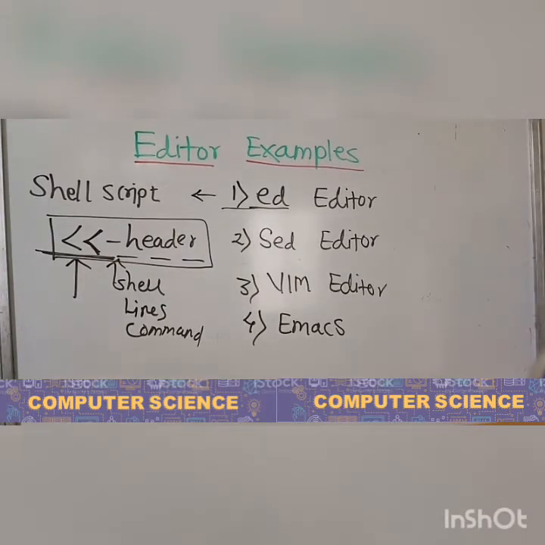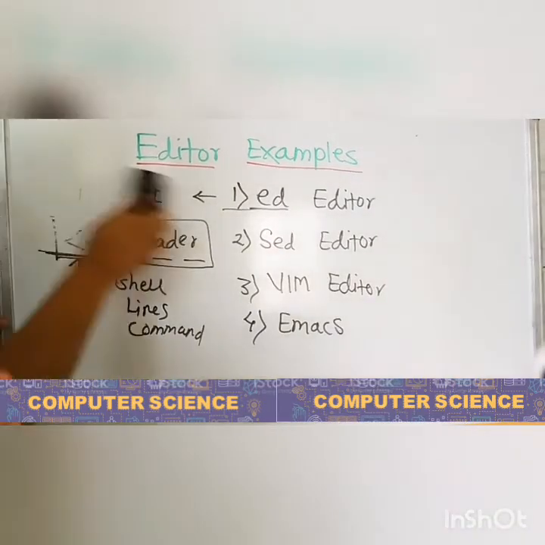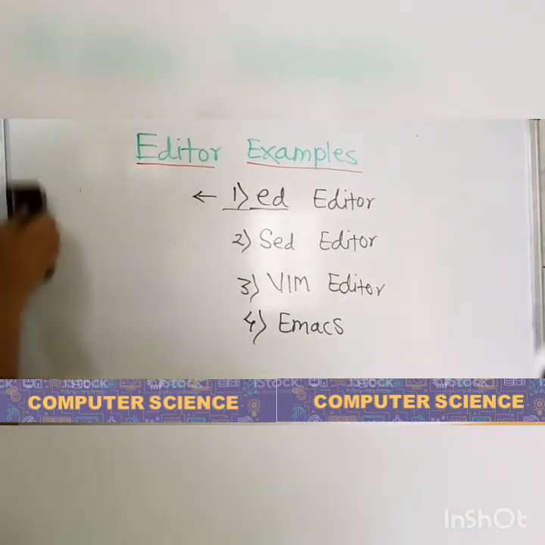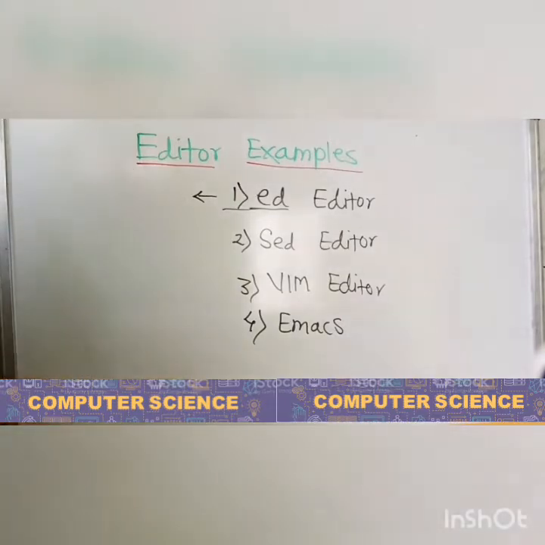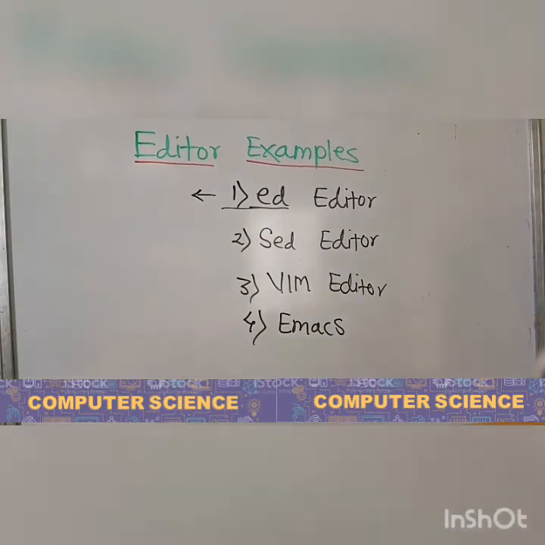Now we will see the next type of editor, that is the SED editor. First of all, we will try to understand where these editors are actually used, means which is the actual situation for using these editors.